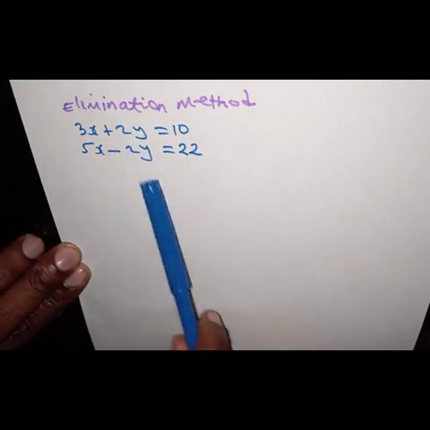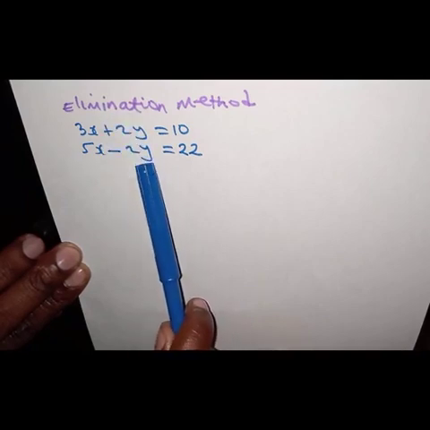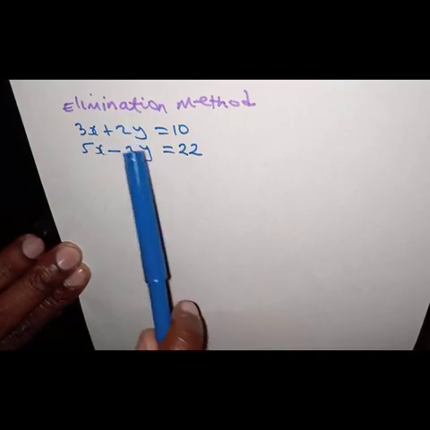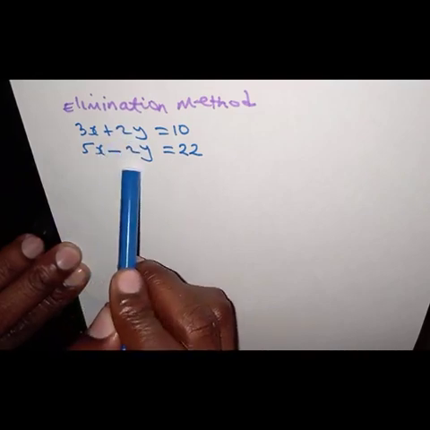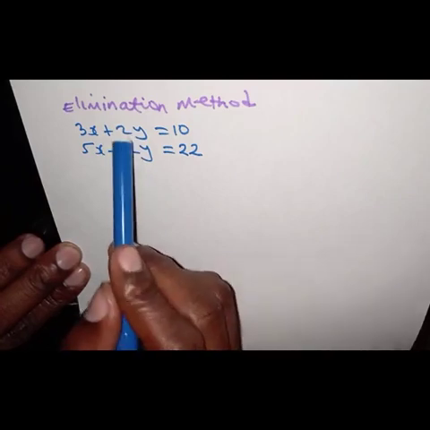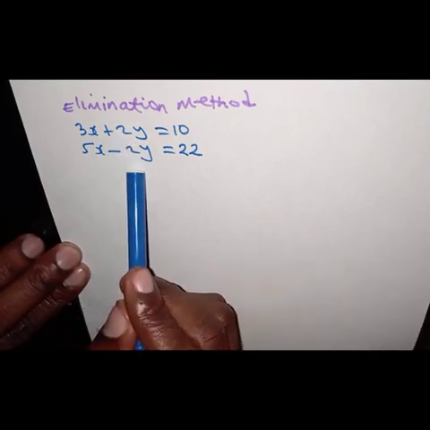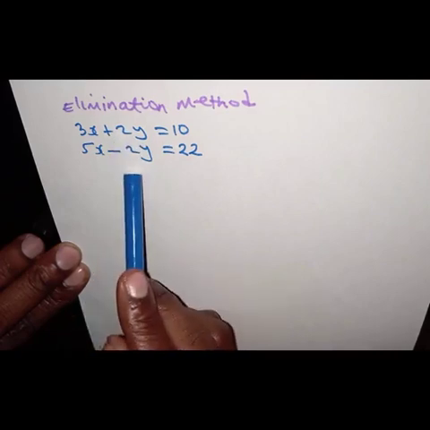So in this case, it is easy to choose y. Why? Because the coefficients, we have a 2 and a 2 here. Whenever you want to eliminate a variable, make sure you have the same coefficients. If they are not, you need to make them the same.